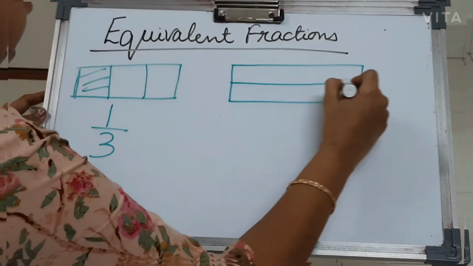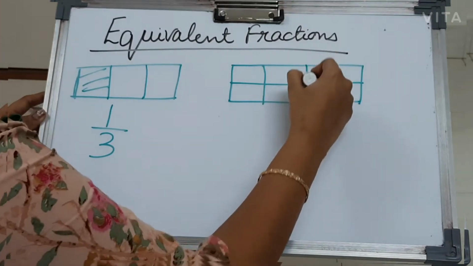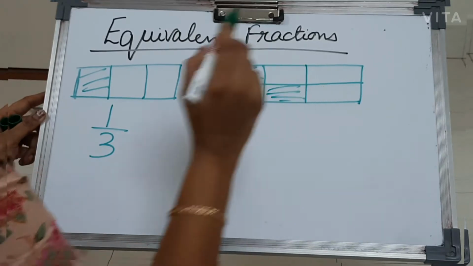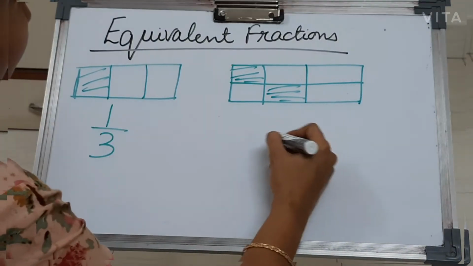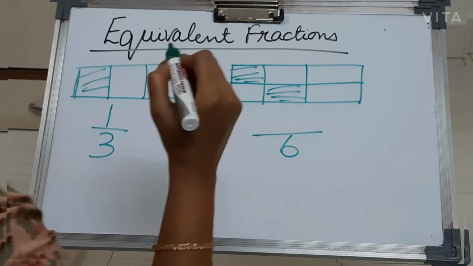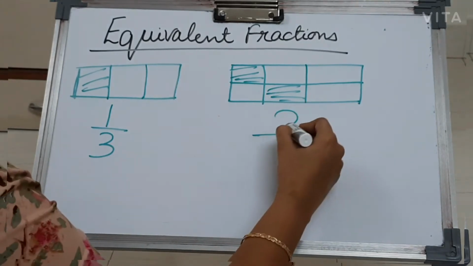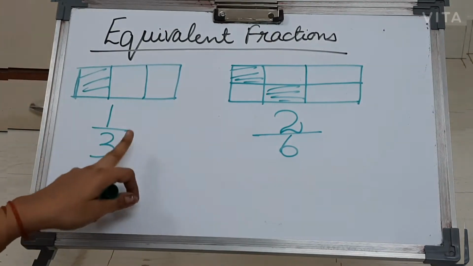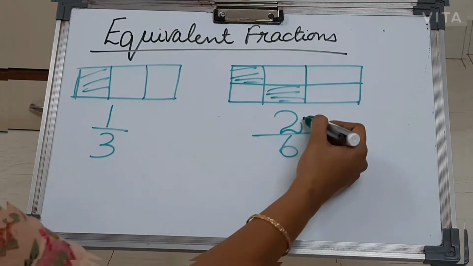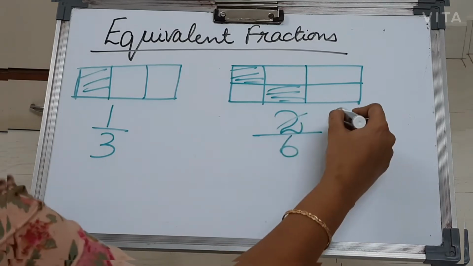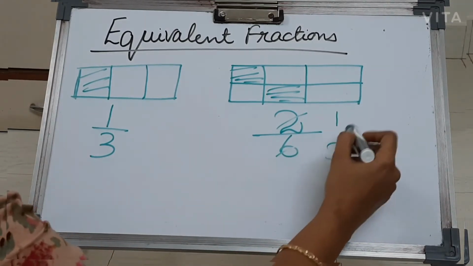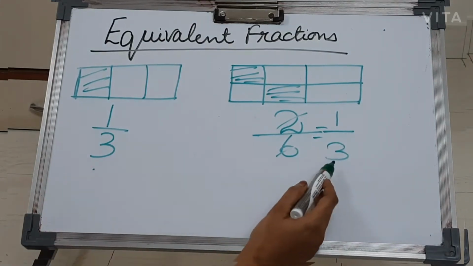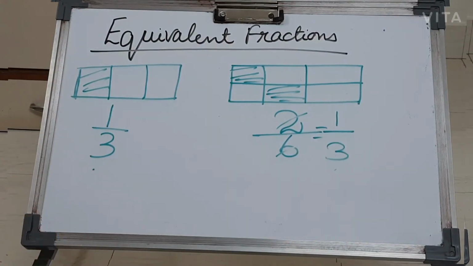Now suppose I divide this rectangle and shade 2 boxes. Total 6, out of 6 the shaded part is 2. Now how are 1 by 3 and 2 by 6 equivalent fractions? When we simplify, with the same number, 2 1s are 2, 2 3s are 6, so it comes to 1 by 3. So 1 by 3 is equal to 1 by 3. That is called the equivalent fraction.